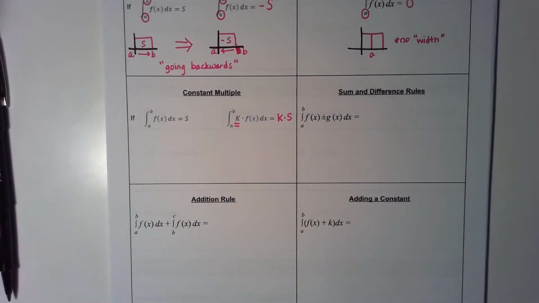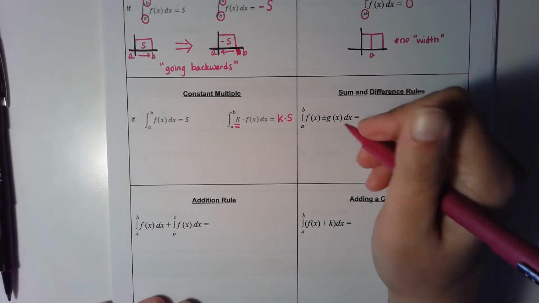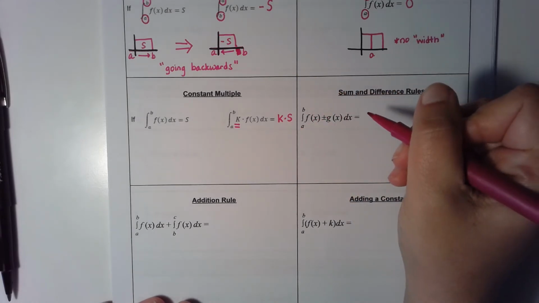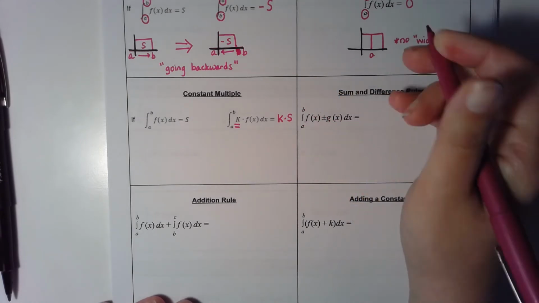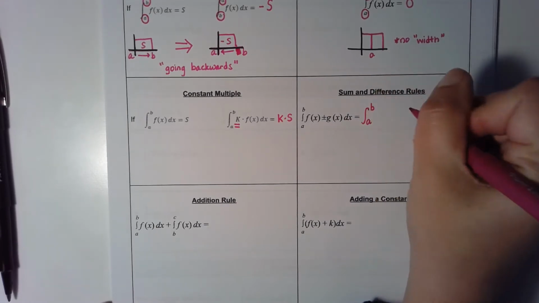Next, we have our sum and difference rules. Sum and difference means that if you have two functions being added together inside of an integral, you can just add their areas together. So if I know the integral from a to b of f of x, and I know the integral from a to b of g of x, then when I add those functions together, I can just add their areas.